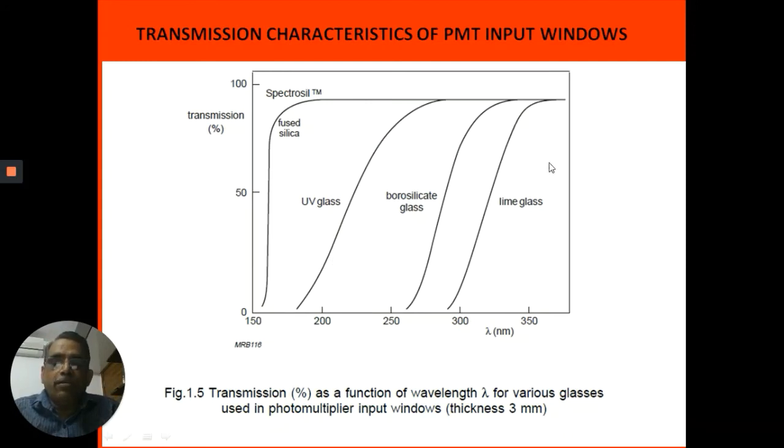Up to 200 it will cut off, and beyond 200 it will transmit. If you are using borosilicate, the entire UV is cut and you can have only visible. If you have lime silicate, it transmits only from 300, the longer wavelengths. So the transmission percentage varies depending upon the material, and the wavelength of transmission is also dependent. Generally, they use a window glass of about 3 millimeter thickness.